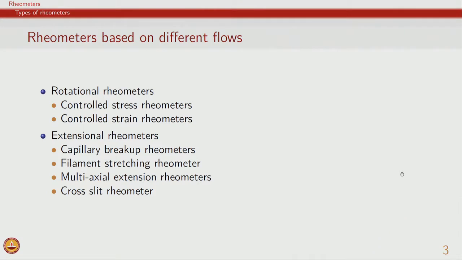So, the rotational rheometers, the control stress and control strain rheometers, are really the workhorses of the rheological industry, and most of the instruments are these. Of these, the control strain rheometers are more rare. Control strain contain different motors, the stress control is not that effective, and so earlier when a lot of work on polymer melts was done in the 80s and 90s, they were all done with control strain measurements, with very precise measurements.